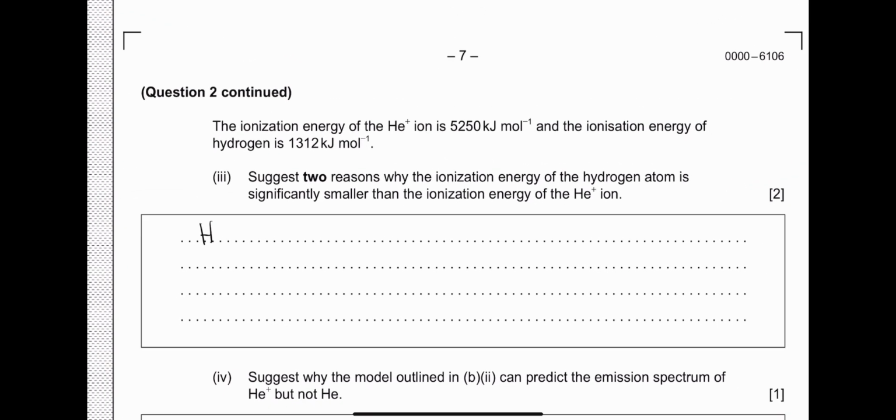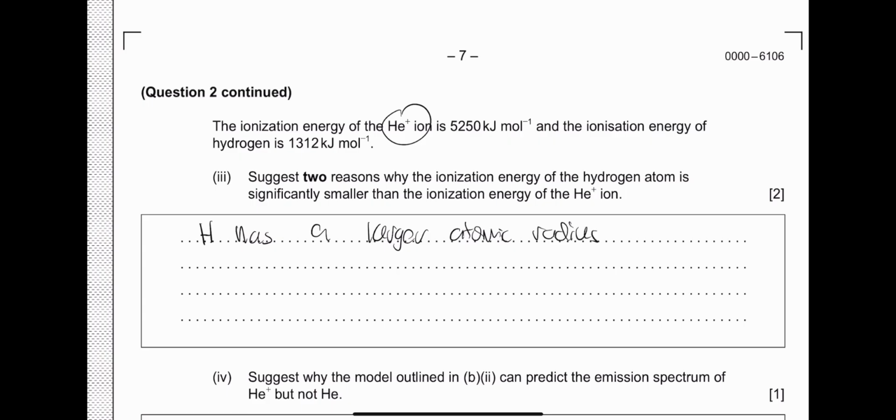It tells us the helium has a slightly larger atomic radius, but then we need to remember that it is a helium ion, and that positive charge makes its radius smaller. And that's what's going to make the hydrogen have a larger atomic radius.